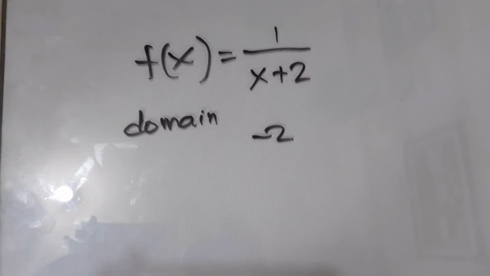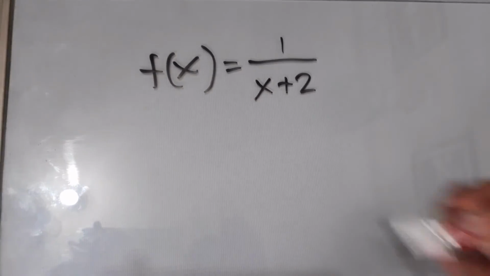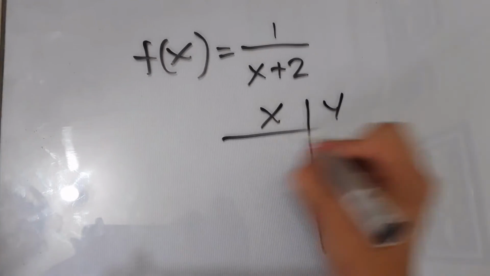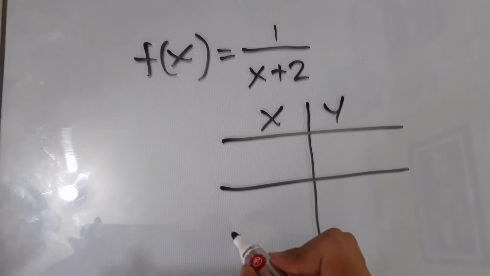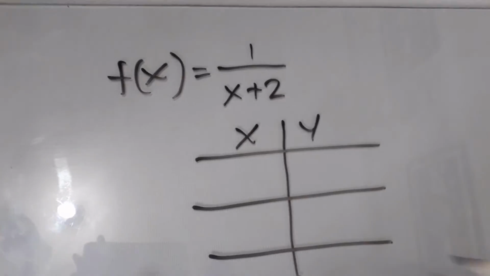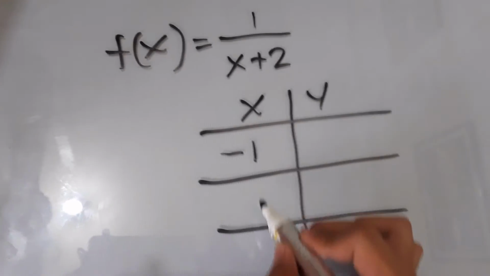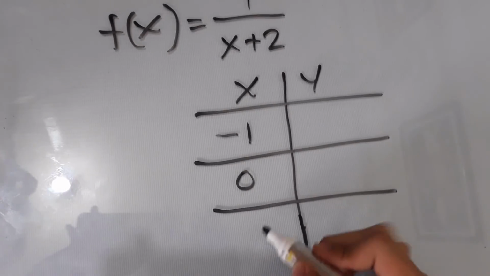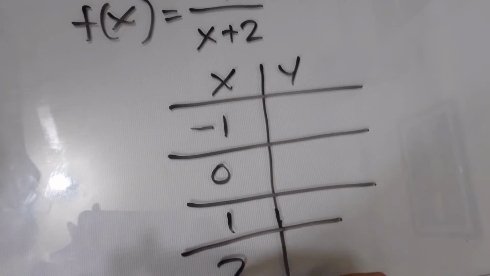So we can start by getting our values for x. We can start at negative 1, then 0, 1, then 2.